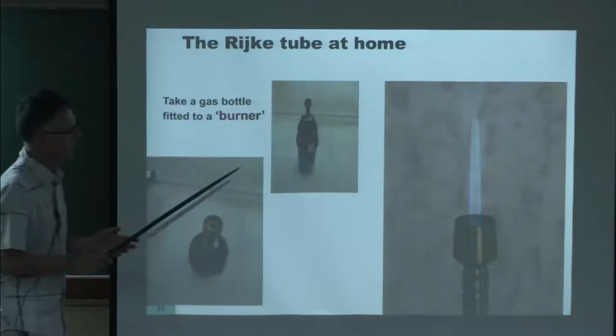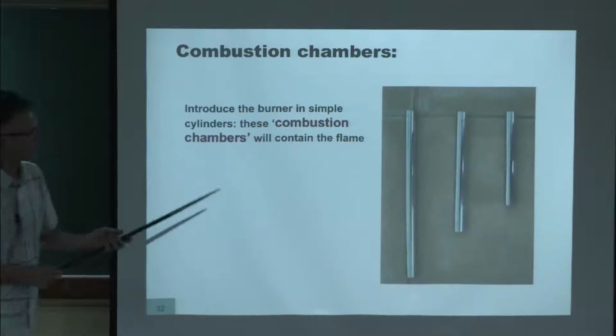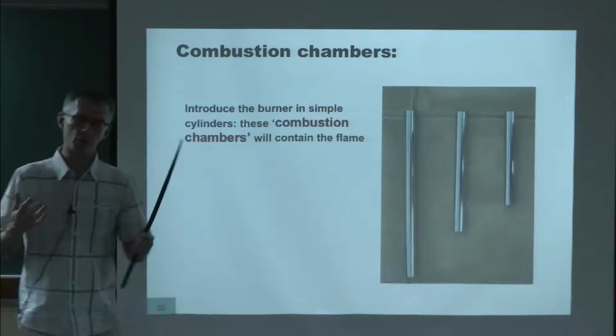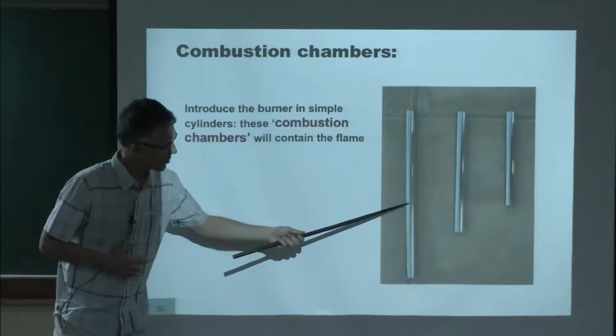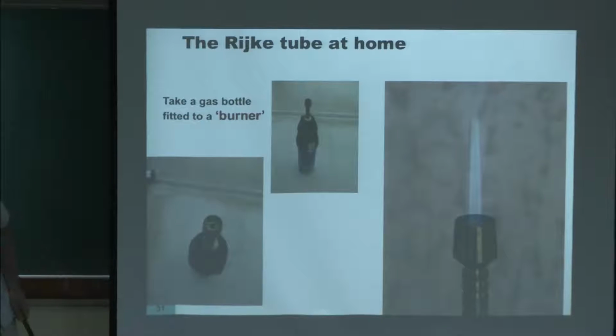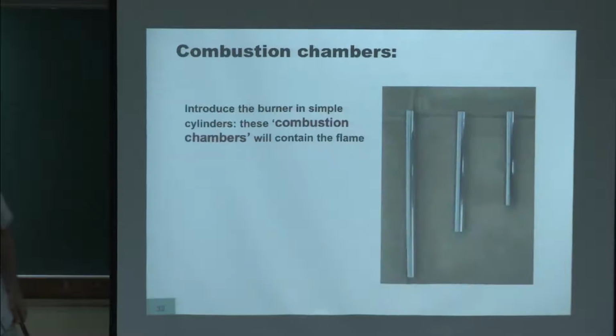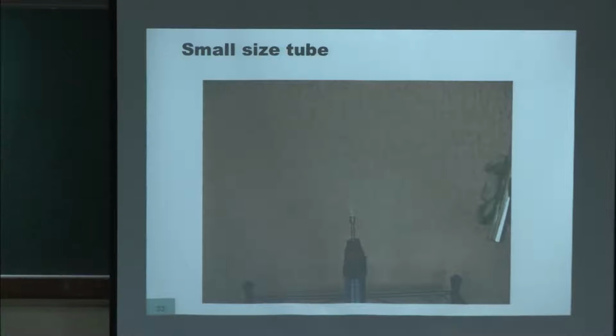Here, this is a burner, and this is a combustion chamber. This is just a tube. Of course, in a real engine, everything is much more expensive. The combustion chamber is very expensive, and the burners are also very expensive. But if you just take one of these, and you take, for example, this flame and take the short tube, and you put it on top of this burner, this is what you do.